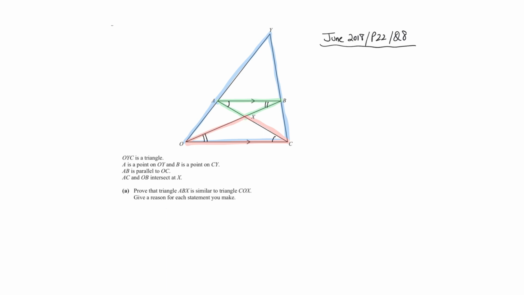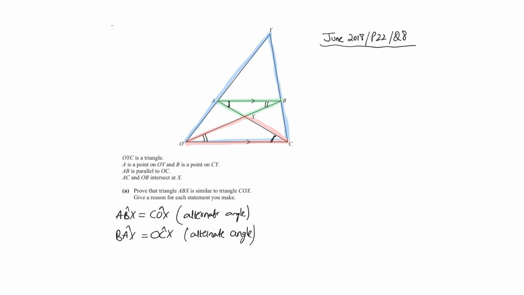So you can write angle ABX is equal to COX, and in the bracket you can give your reason that it is an alternate angle. Alternate angles are equal. Also angle BAX is equal to OCX. BAX is this angle and it's equal to OCX. Again the same reasoning, alternate angles.